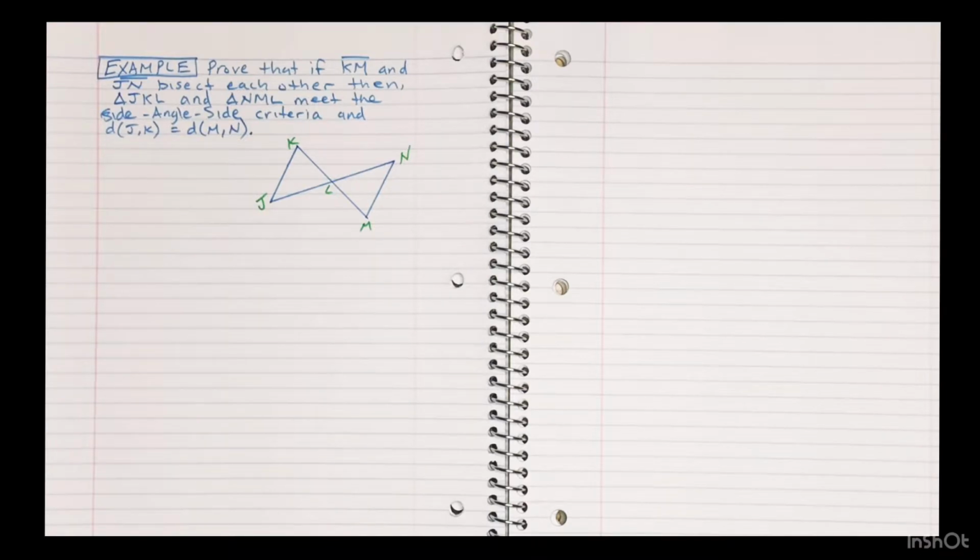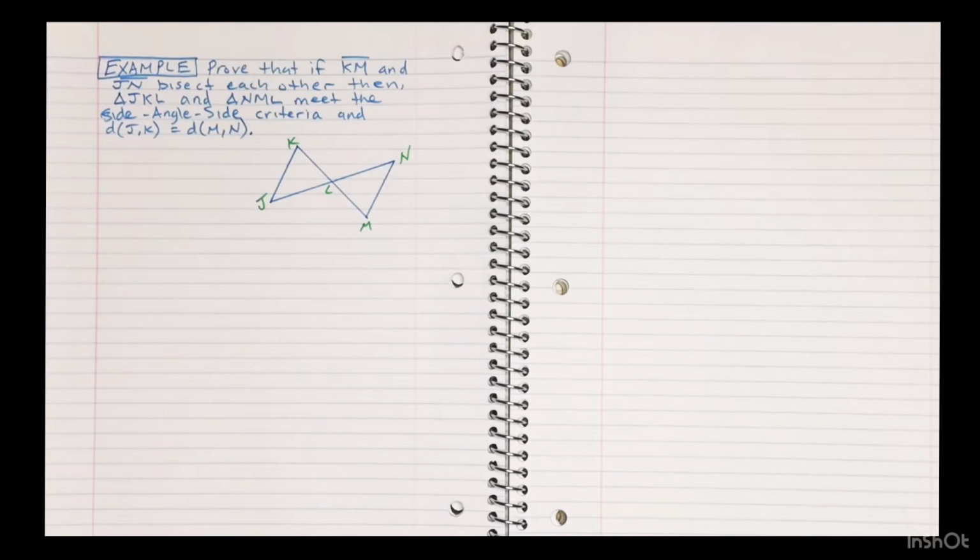The example that we have here says, prove that if the line segment KM and the line segment JN bisect each other, then the triangle JKL and the triangle NML meet the side angle side criteria, and the distance from J to K is equal to the distance from M to N. And then you also have this image here.